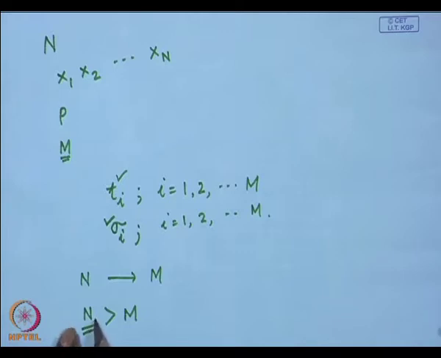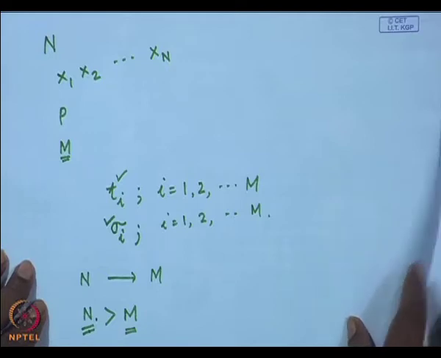So, I cannot form more clusters than the number of feature vectors provided. Obviously, our assumption is that the number of feature vectors N is greater than the number of clusters M.